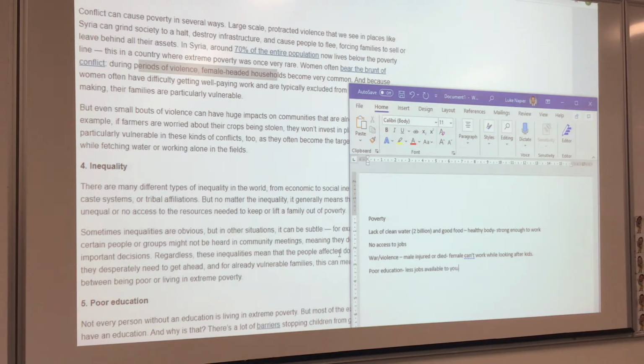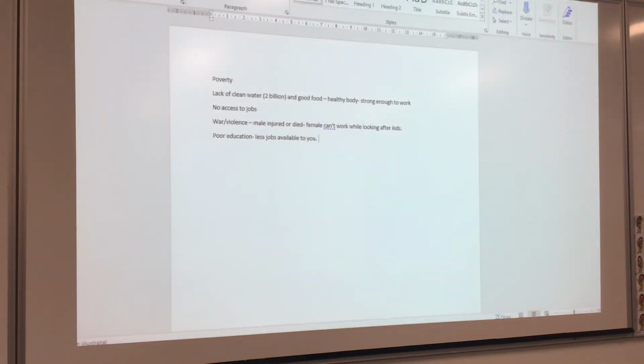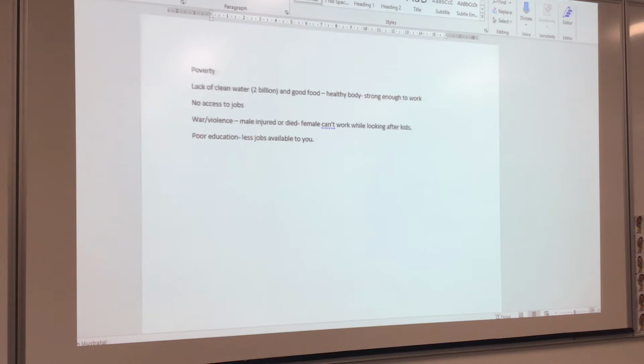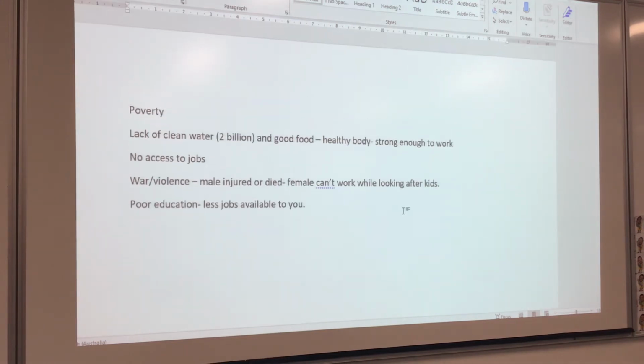to you. Right. So you can see there with what I've done, let me zoom in, with my note taking, that's not bad note taking. Probably something I should be adding in there are things like statistics. If statistics are seen, like the lack of clean water, 2 billion, okay, I should be trying to get more of those to add in there.